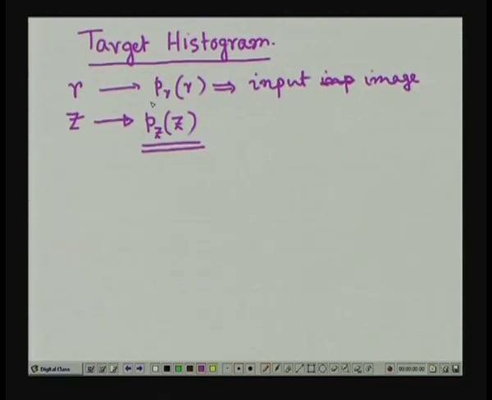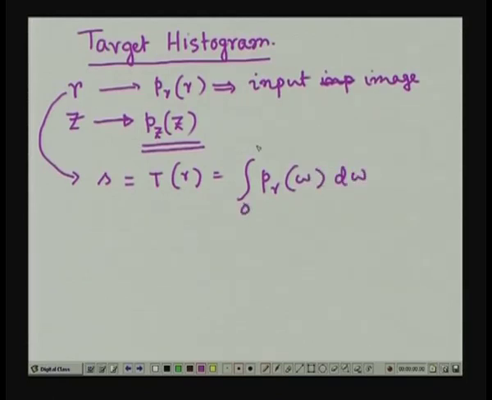Now, for this histogram matching, if I equalize the given image using the transformation function s = T(r), as we have seen earlier, equal to the integral of p_r(w) dw within the range 0 to r, then what I get is an image having intensity values with a probability density function which is uniform.